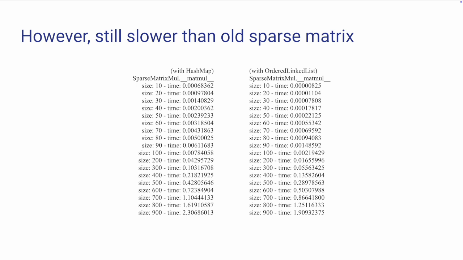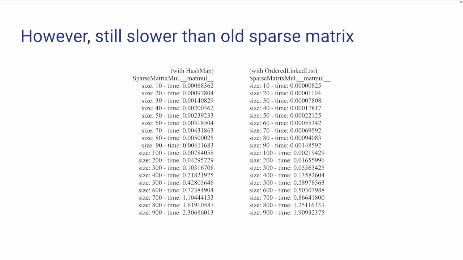Even after making all the fixes to set and the rest of the sparse matrix with hash map, I was still getting longer times than the sparse matrix with the ordered linked list. And this troubled me for a very long time, and I couldn't figure it out. But then I realized that I was still testing using 0.1% density, which is a very small density.